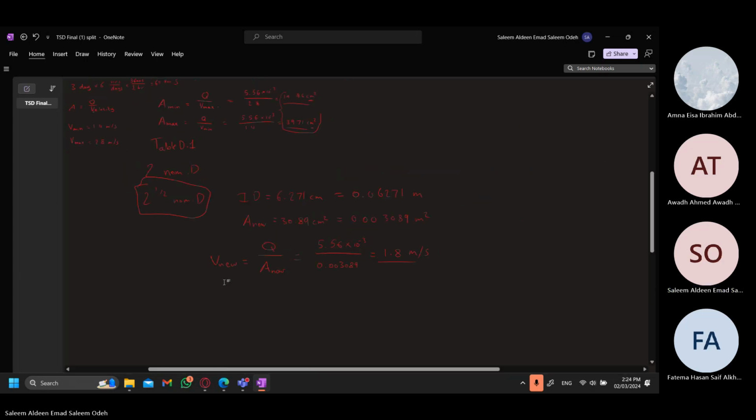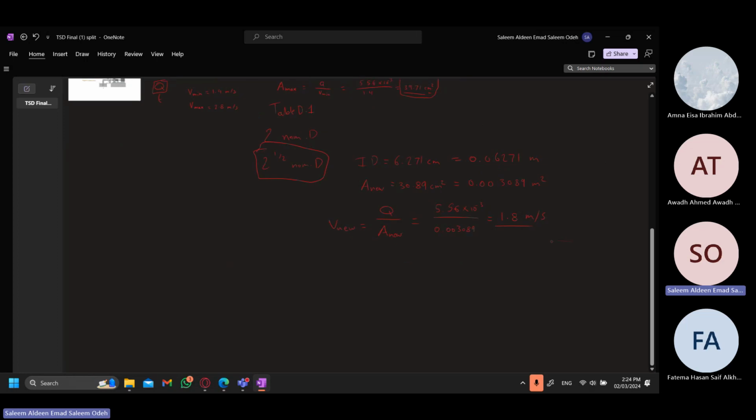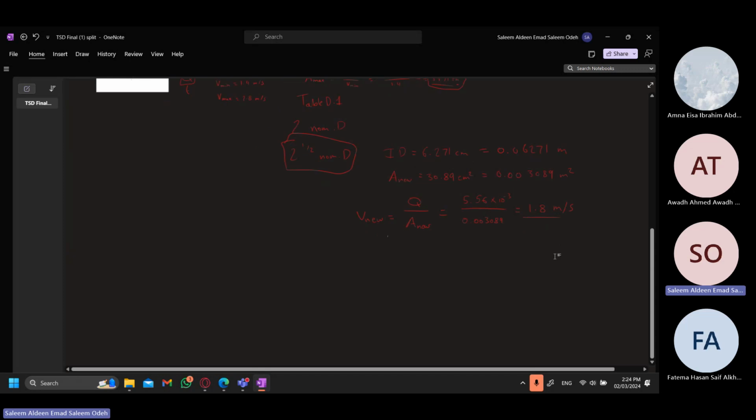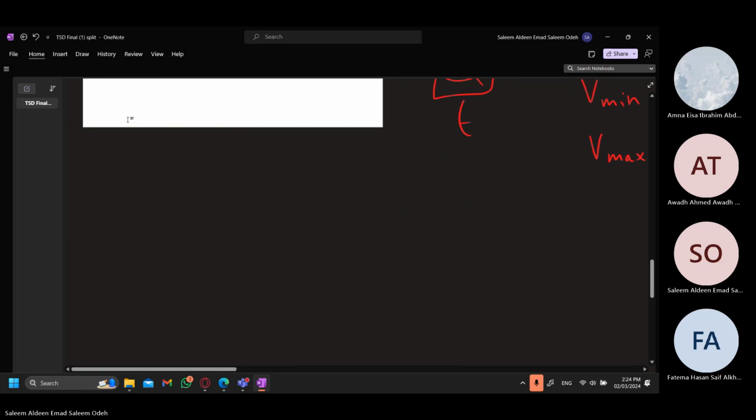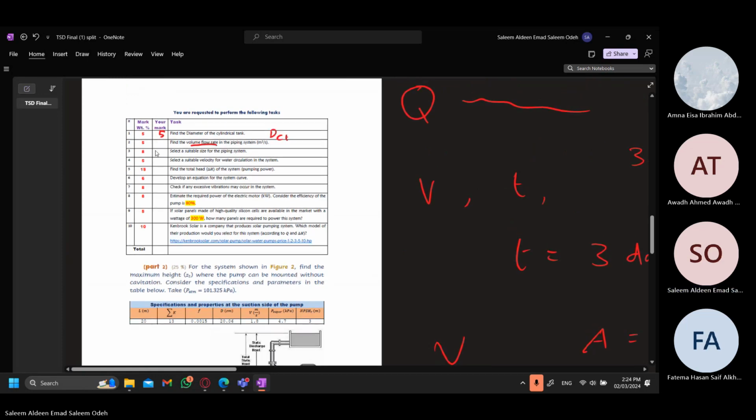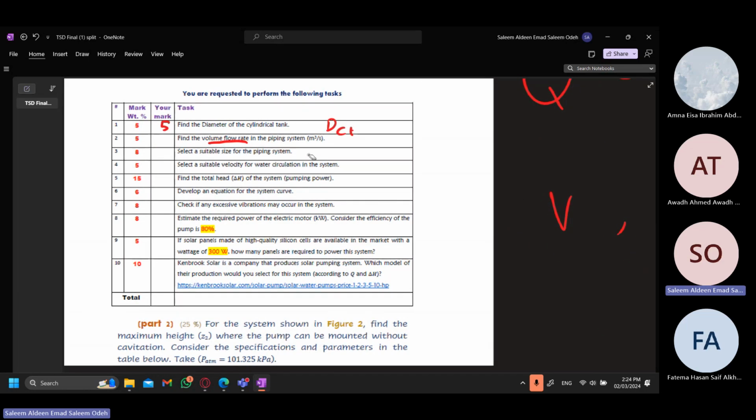Now, what we'll do now is go back to the tasks that we need to find, and we'll see that we found a suitable size for the piping system. We also found a proper velocity of water for the piping system. So that's 5, 8, 5. So that's the marks that we have so far.